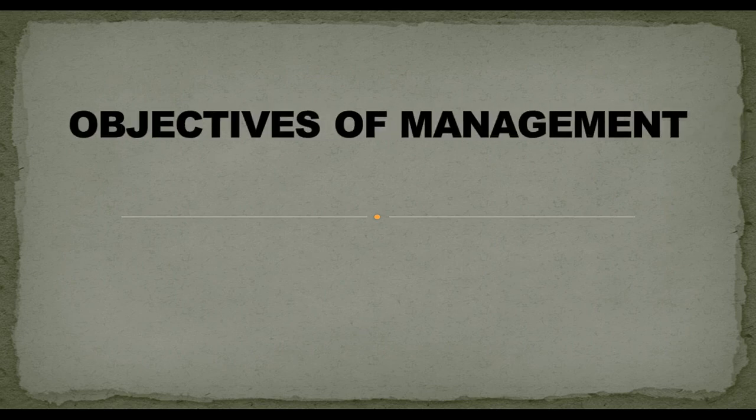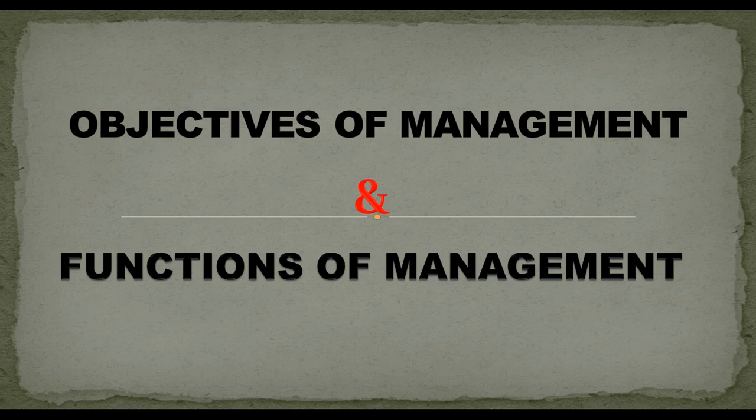This video is for the two basic concepts of business studies of class 12th, and these are objectives of management and functions of management. Let's start with objectives of management.